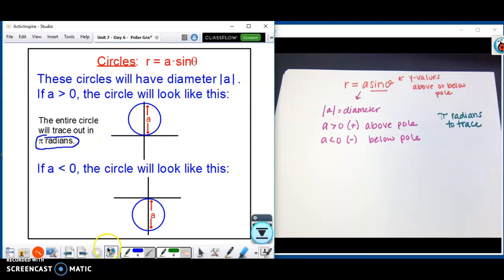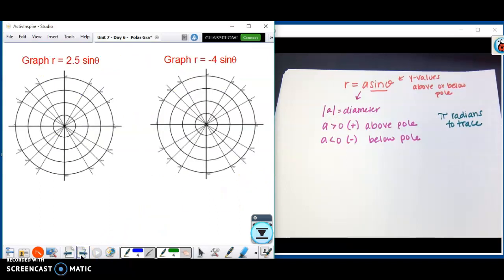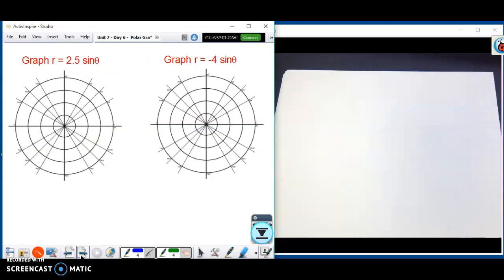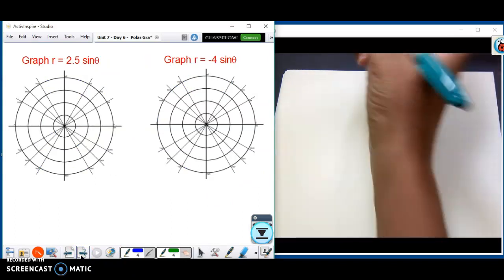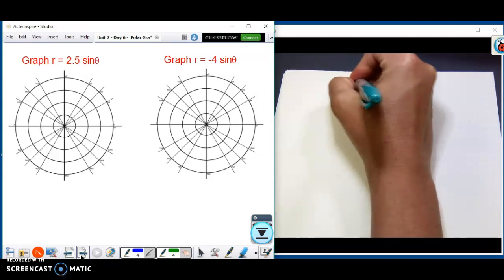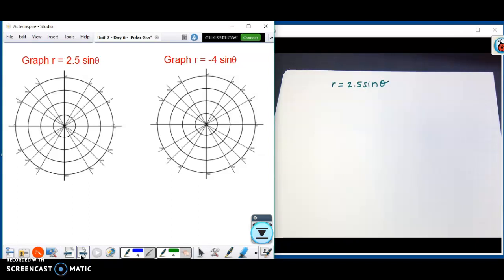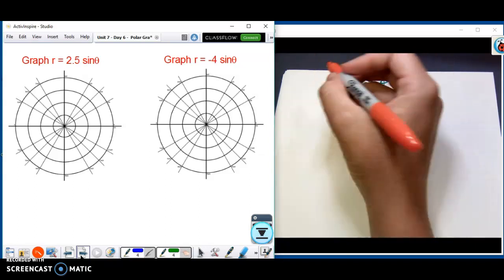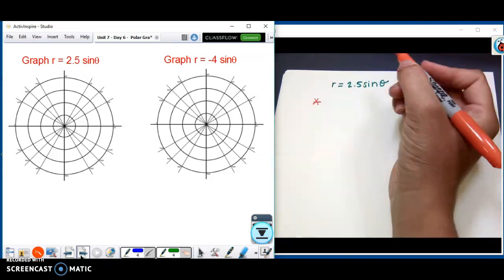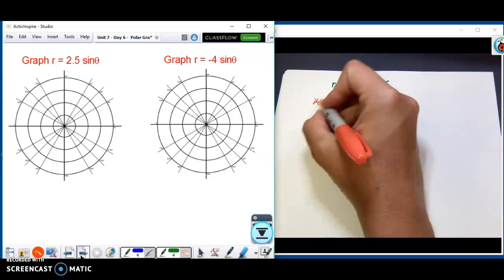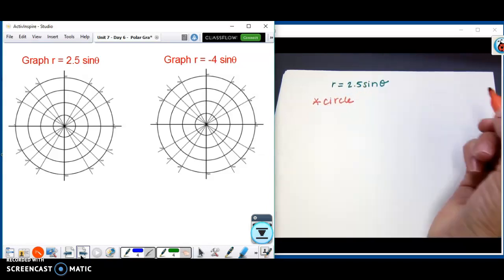Alright, so let's look at a few examples. The first example that we have is r equals 2.5 sine theta. So let's write down some information that we know. Because it's a number with sine, we know it's going to be a circle as the shape.